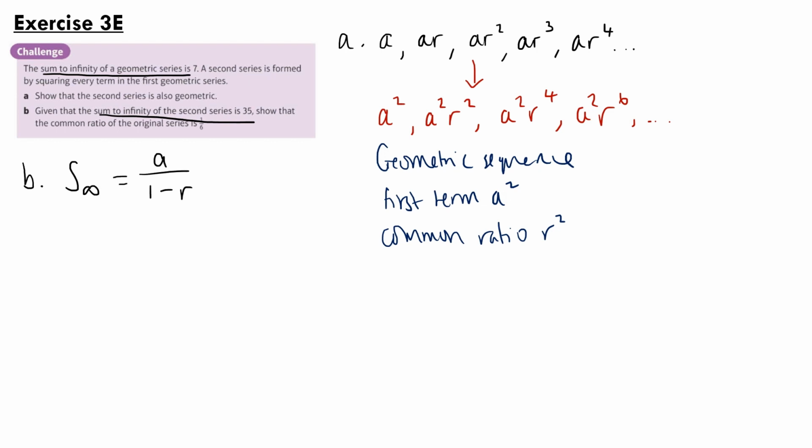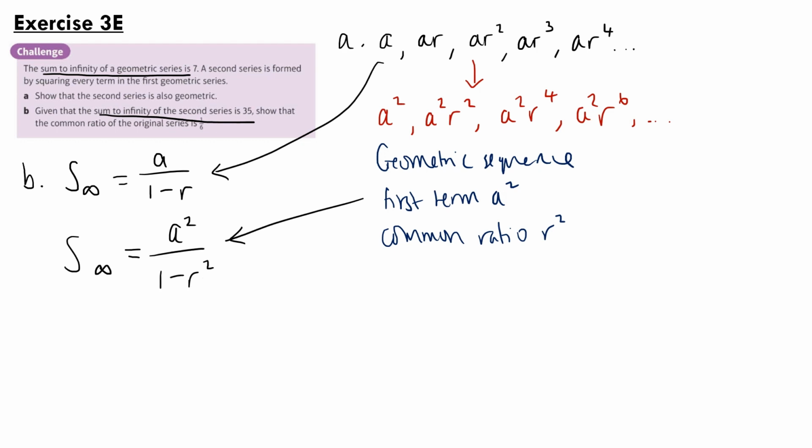For the first sequence, that's exactly the formula. Then if we adapt it for the second sequence, we're going to have a squared on the top and 1 take away r squared on the bottom. And we're told that the first one is equal to 7, and the second is equal to 35. And then we now need to solve these two equations simultaneously.